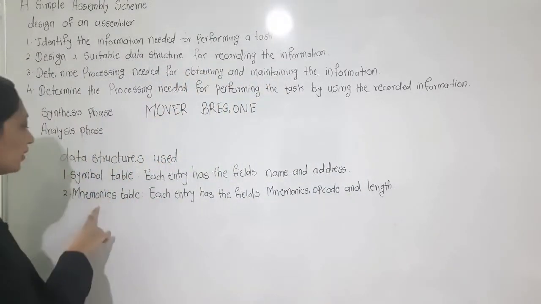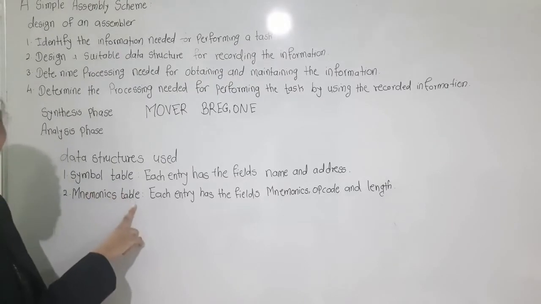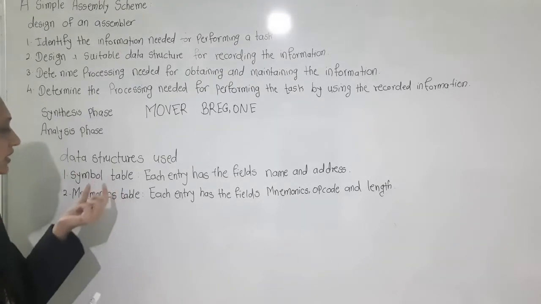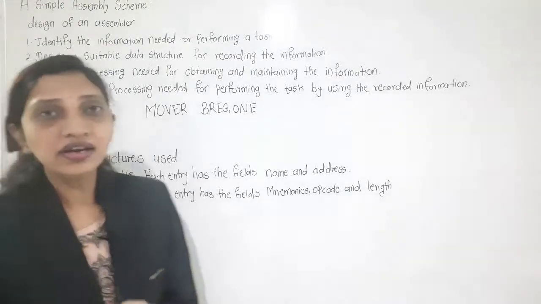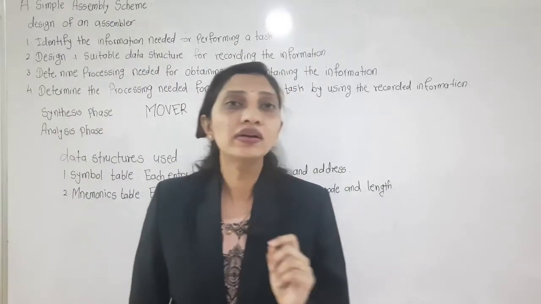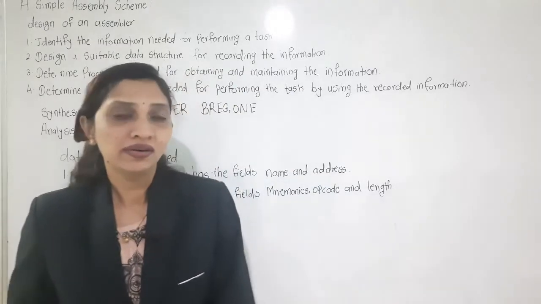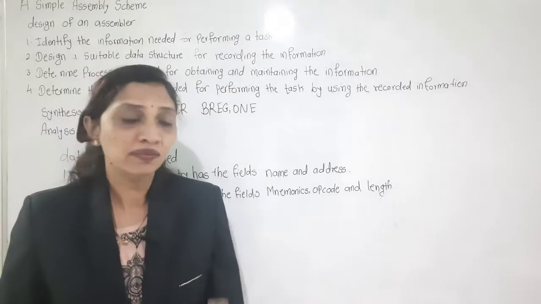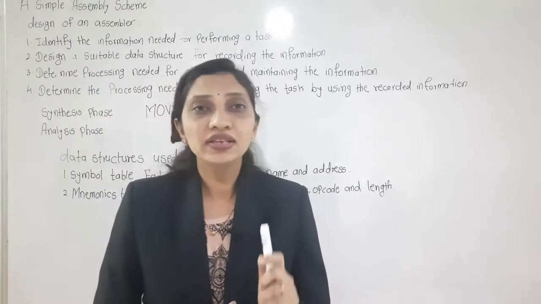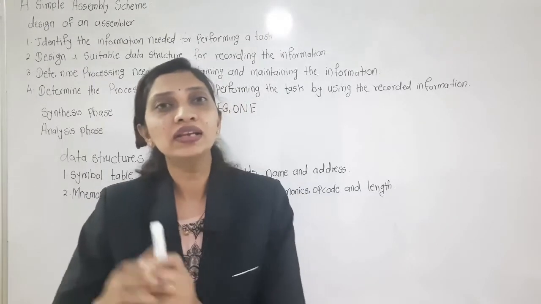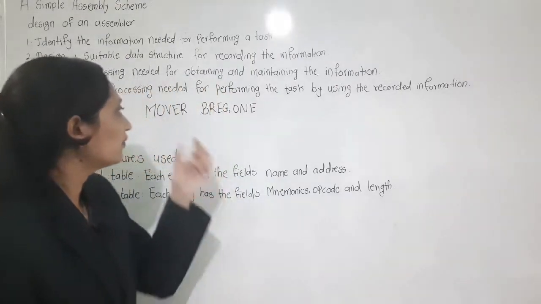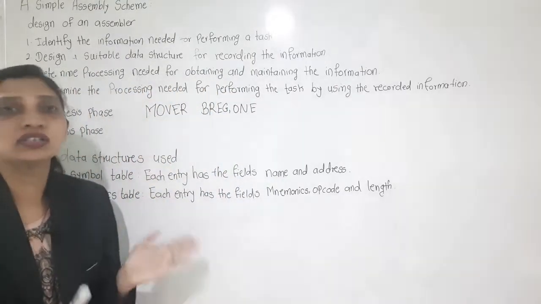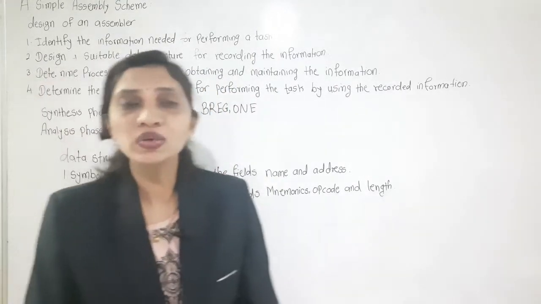Then the second data structure is the mnemonic table. Unlike the symbol table, the mnemonic table is constructed by the programmer of the assembler, means the developer, because when we are using the mnemonic, some corresponding opcodes are specified there.